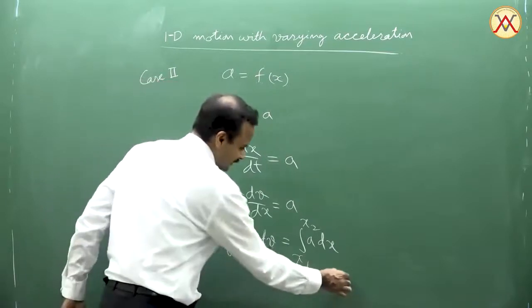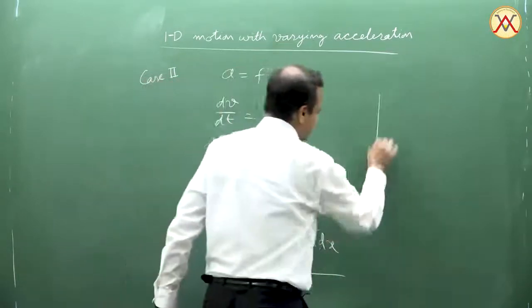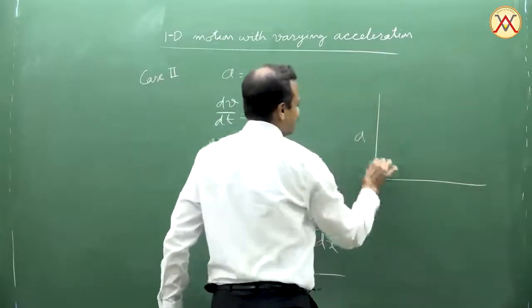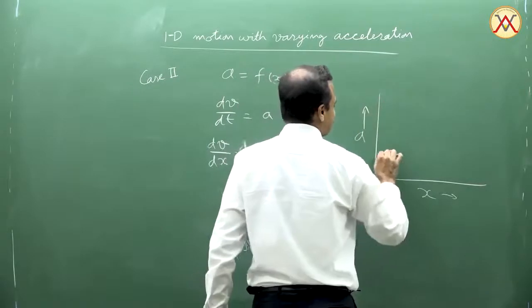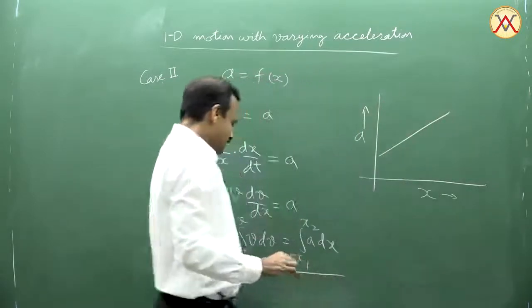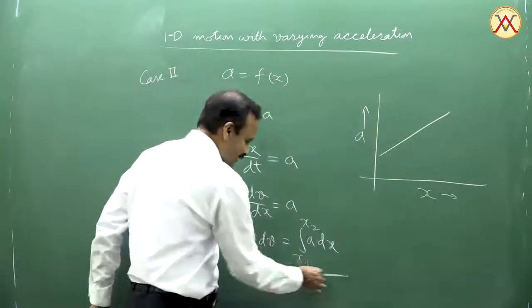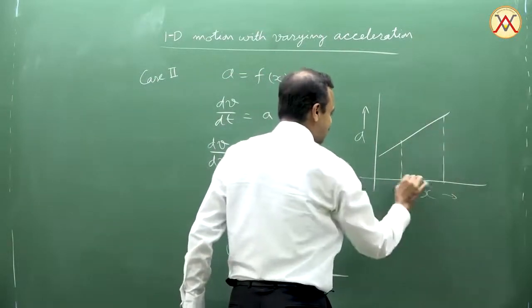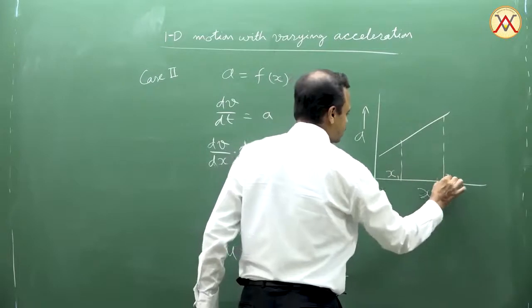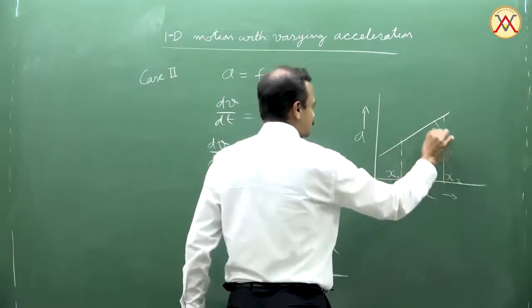So, this is basically the area under the graph. Suppose in a situation you have an acceleration versus position graph, maybe something like this, then the left hand side represents this area between two vertical lines x1 and x2.